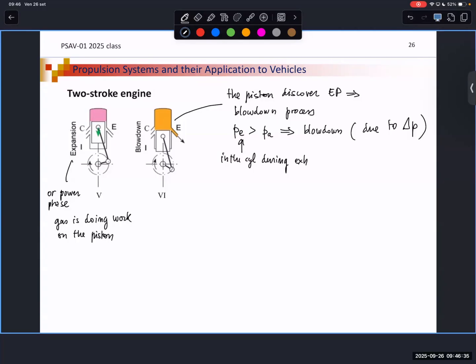Which phase is missing with respect to the four-stroke engine? Displacement. Here, I cannot have the piston pushing out the gas. So displacement is not present.